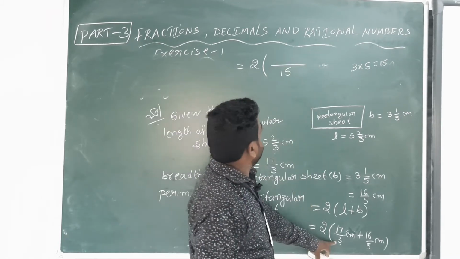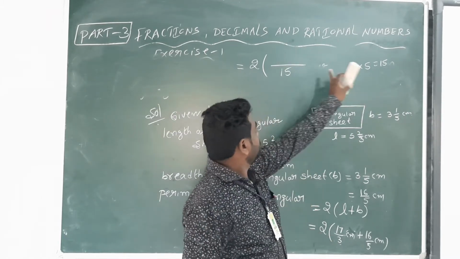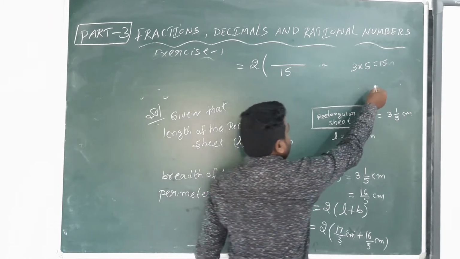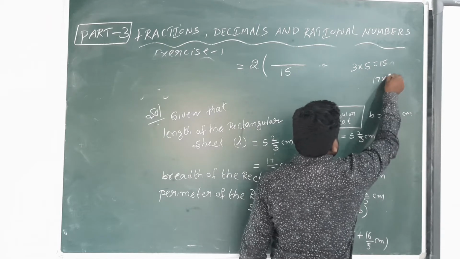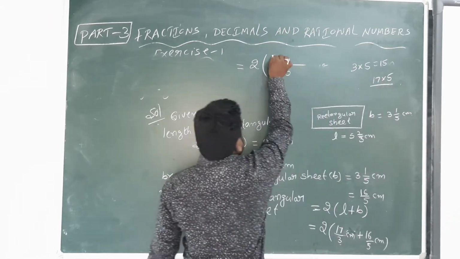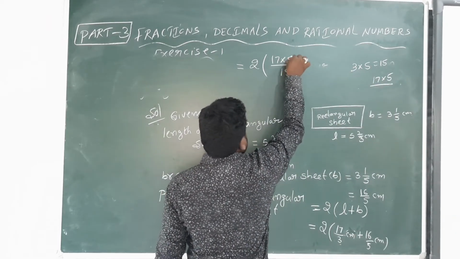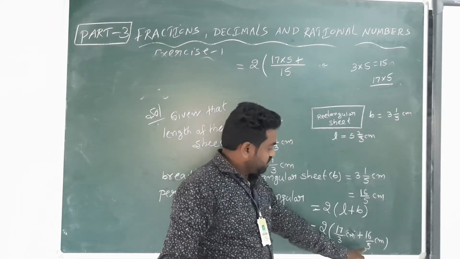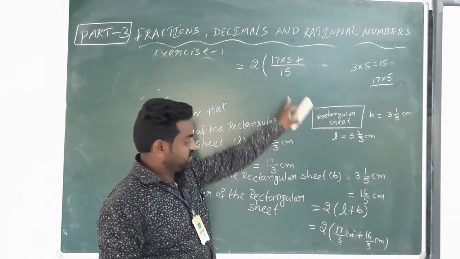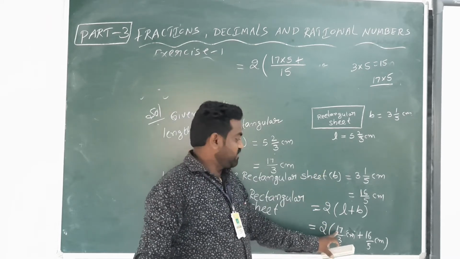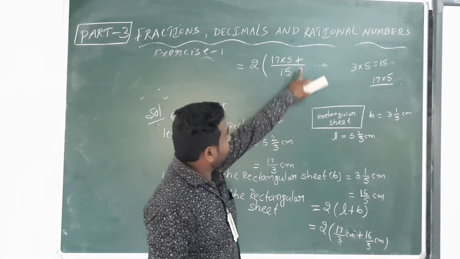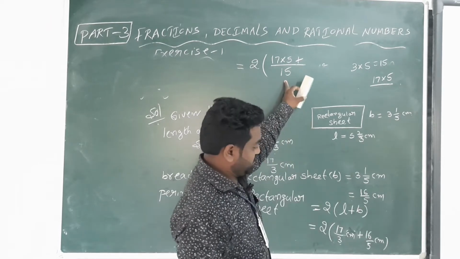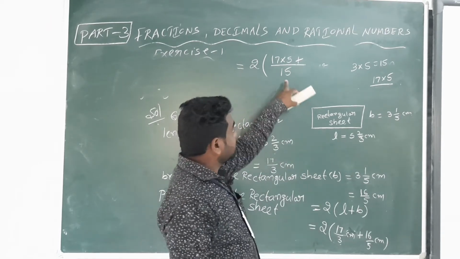3 table 15, how many times? 5 times. Now the numerator is multiplied by 5: 17 into 5. And 5 in 15, 3 times.